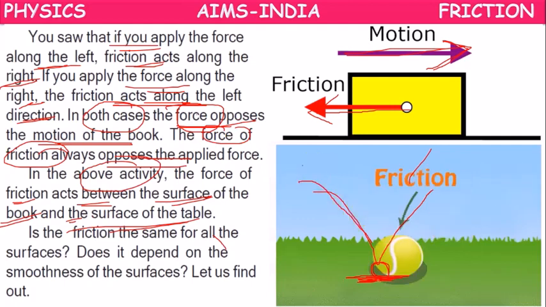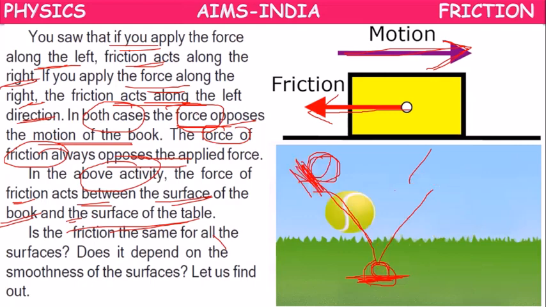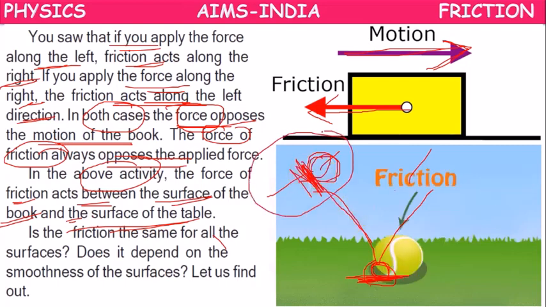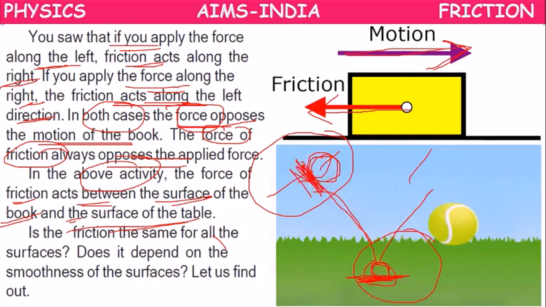When it touches the grass, at that moment only, the ball will experience friction. When it is in the air, it is in contact with the surface of air, so there may be friction between the ball and the air. That is friction because of air. This is friction because of ground.